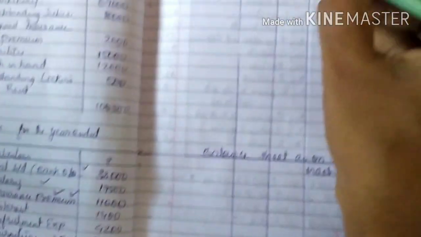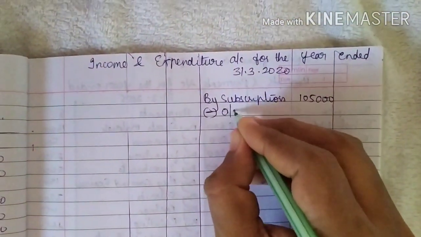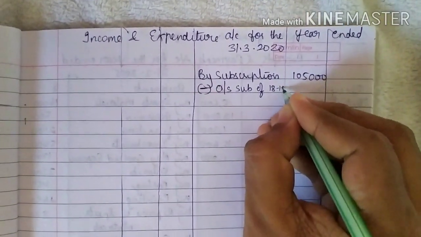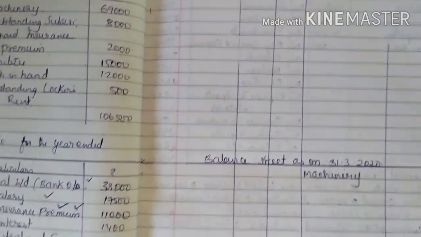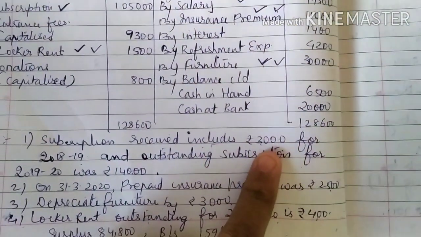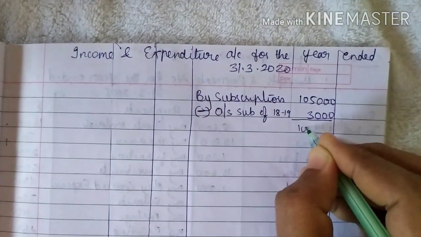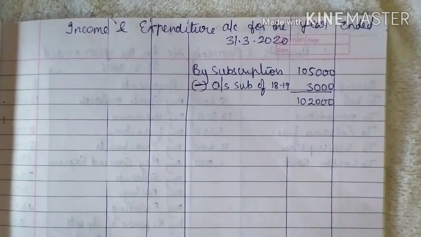So what you will do, you will subtract from here outstanding subscription of 2018-19, which is 3,000. We are subtracting because it is not the income of current year, it is the income of previous year.